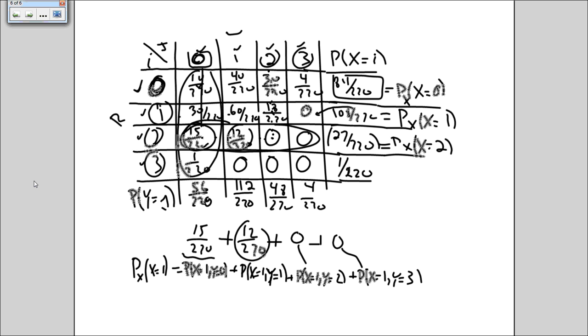And this last number, the probability that y is equal to 3. Add the columns, you find the PYs. That's important.